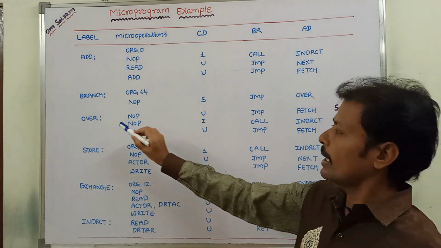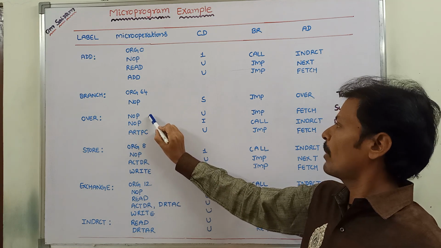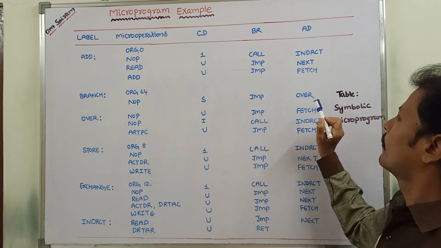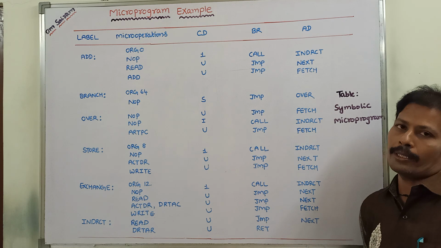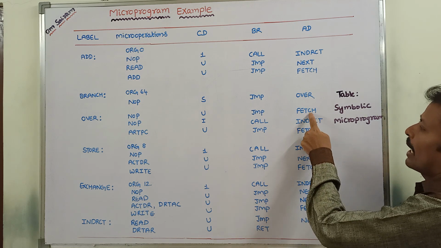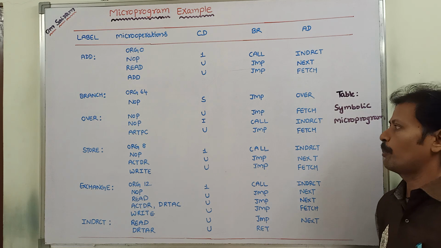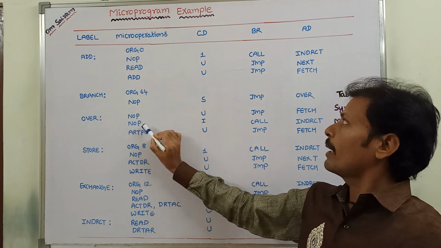Over means we do not perform any micro operation here. Then we have to fetch the branch address. At that time the BR field contains jump. Then here we do not perform any operation.